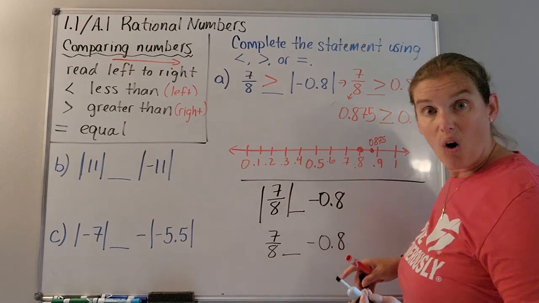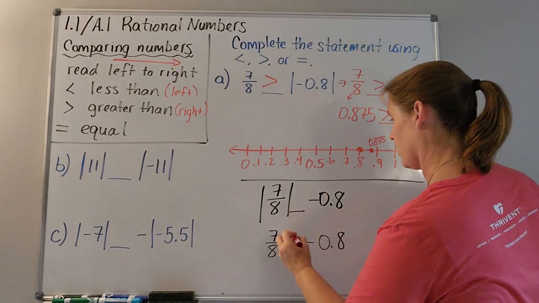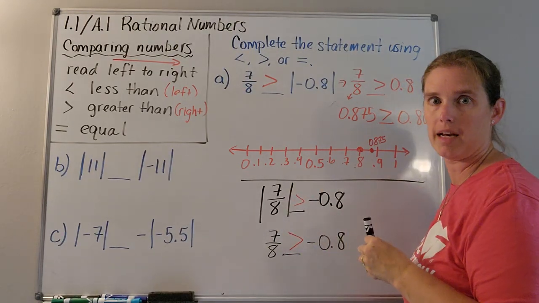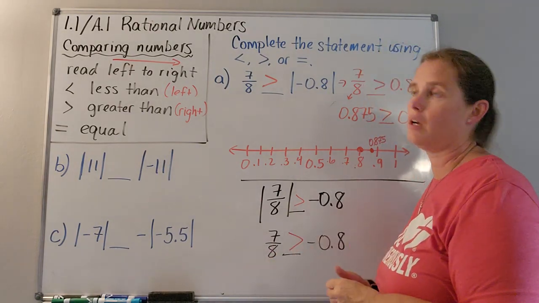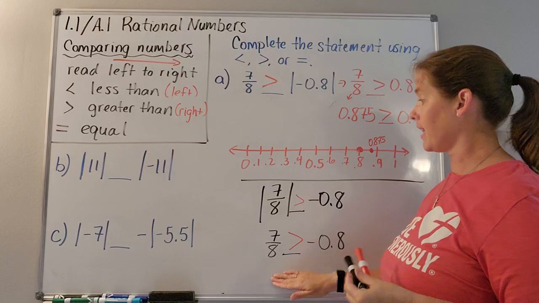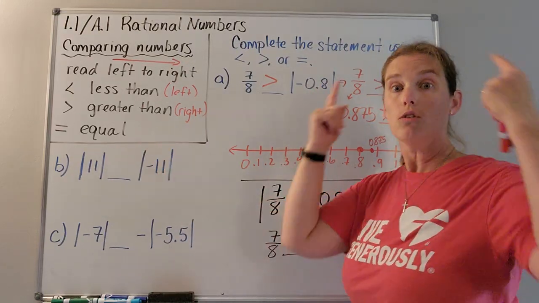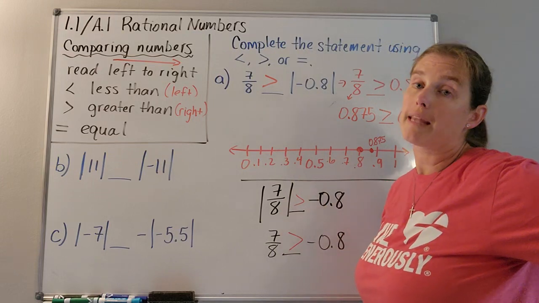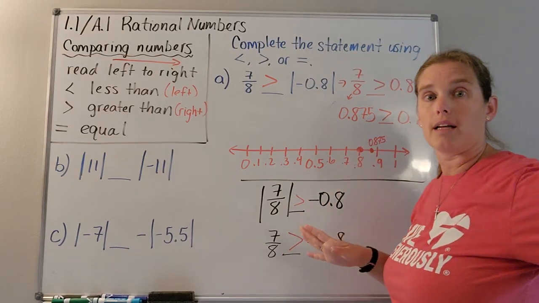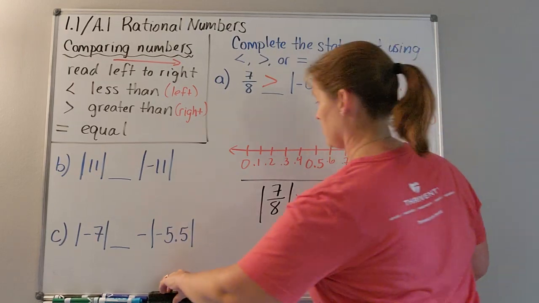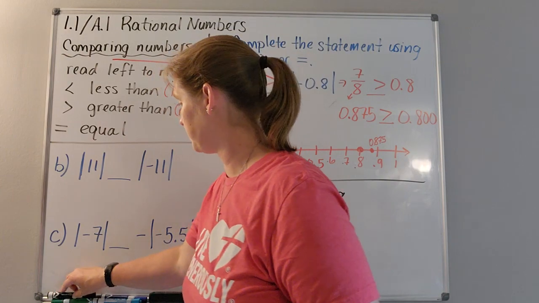A positive number is always going to be greater than a negative number, and a negative number is always going to be less than a positive number. So if you see something like that, where clearly one is on one side of 0 and one is on the other, use your head knowledge about what that means, and you don't even have to convert things to decimals or something like that, okay? All right, then let's take a look over here at these other examples.